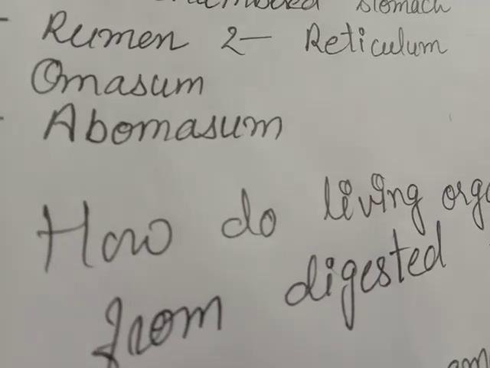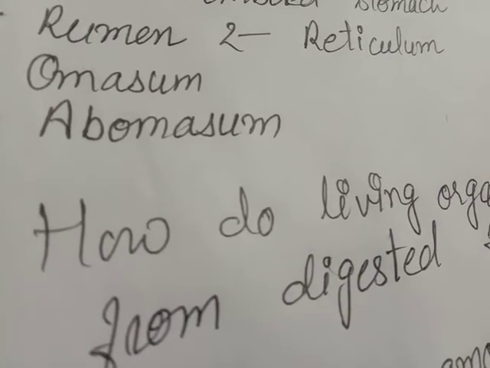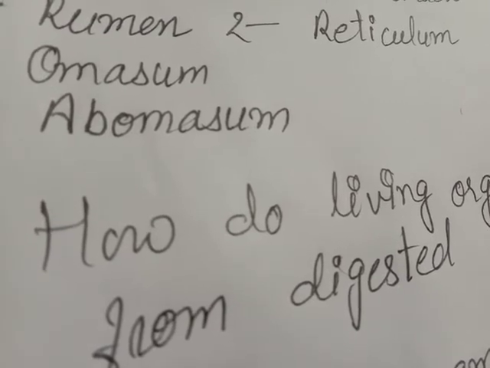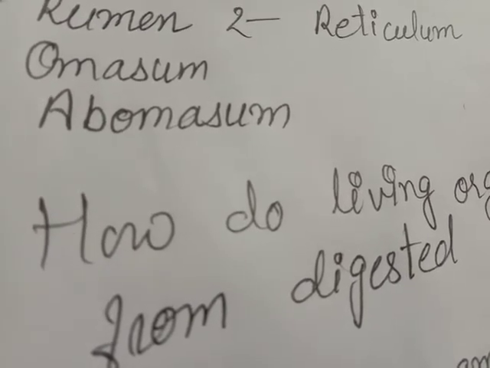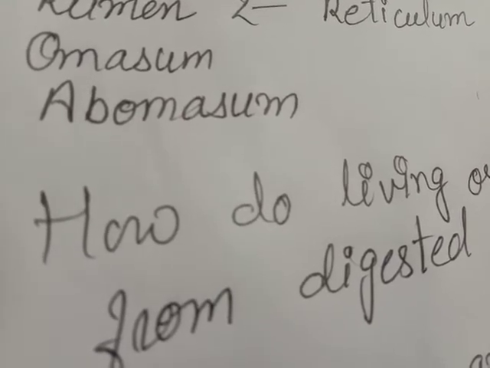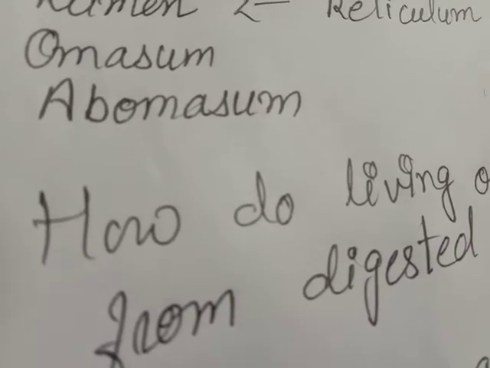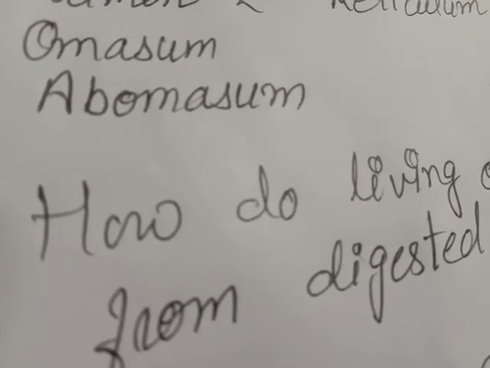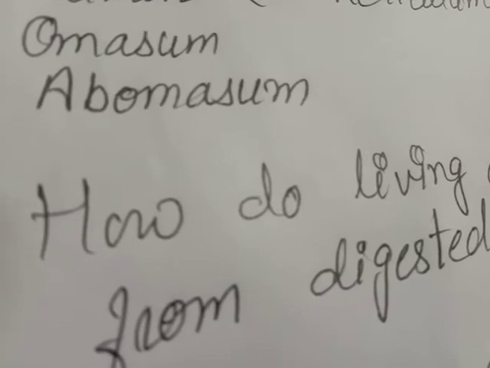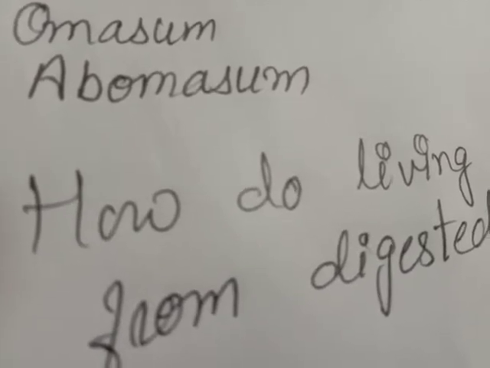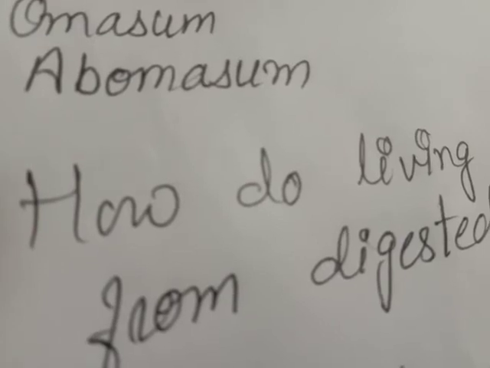From the rumen, the food passes through the other two chambers before it reaches the fourth chamber of the stomach. The hydrochloric acid and the gastric juice secreted in these chambers digest the proteins. The food can take as much as 80 hours to pass through the digestive system of ruminants.